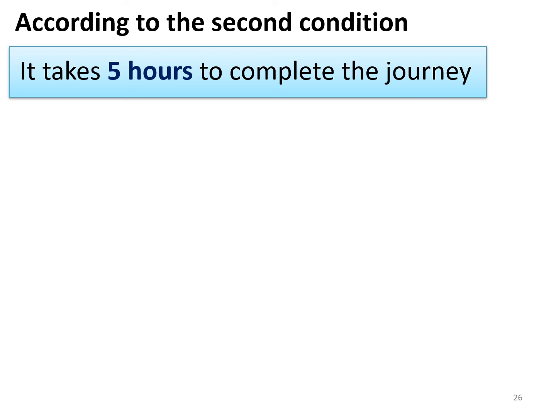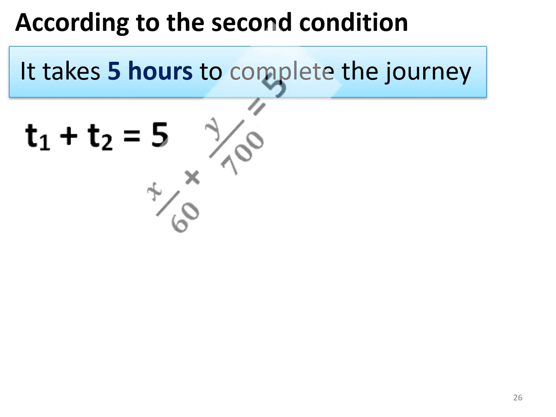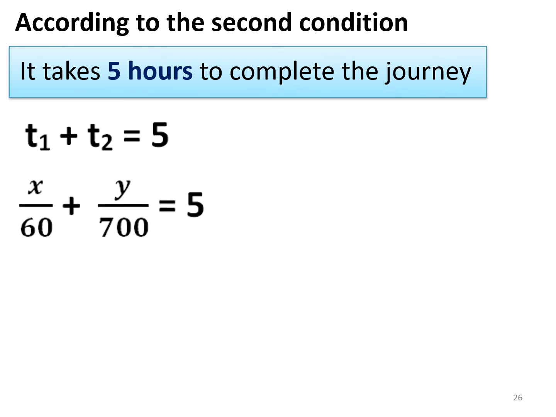So the equation becomes T1 plus T2 is equal to 5. We shall substitute the values of T1 and T2 which we just obtained using the speed formula. So x upon 60 plus y upon 700 is equal to 5.